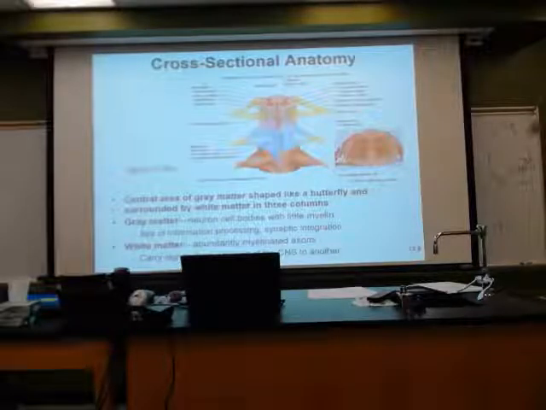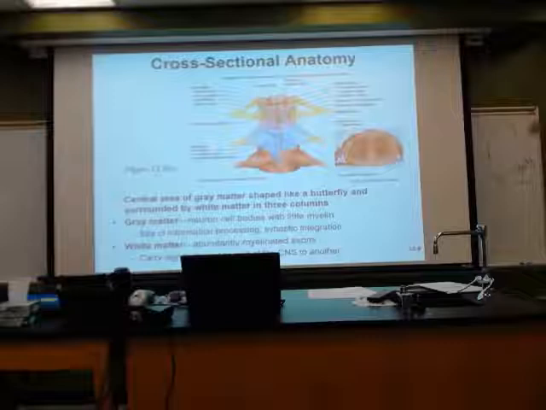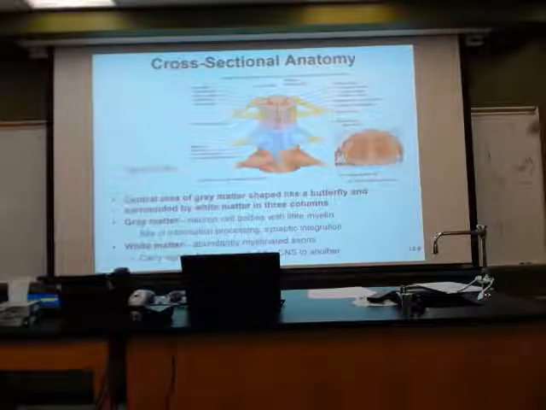Why did I just do that? Because if that's referring to my neuron cell body, I've still got dendrites, axons, and terminal buds on this neuron. Why is that not included in the definition for the gray matter?